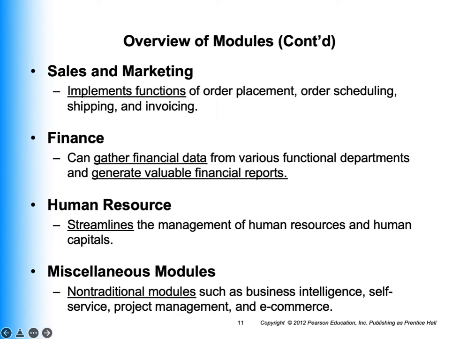Sales marketing, implement function, order scheduling, for example. I mentioned the example on Amazon. Then finance, you'll be able to generate reports, see what's the most profitable item, for example, best selling item, and from there you can consult with the vendor for a better rate, things like that.